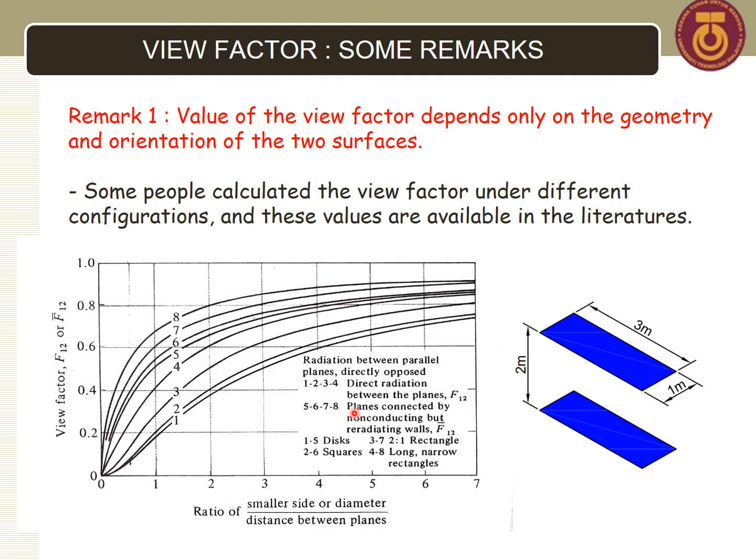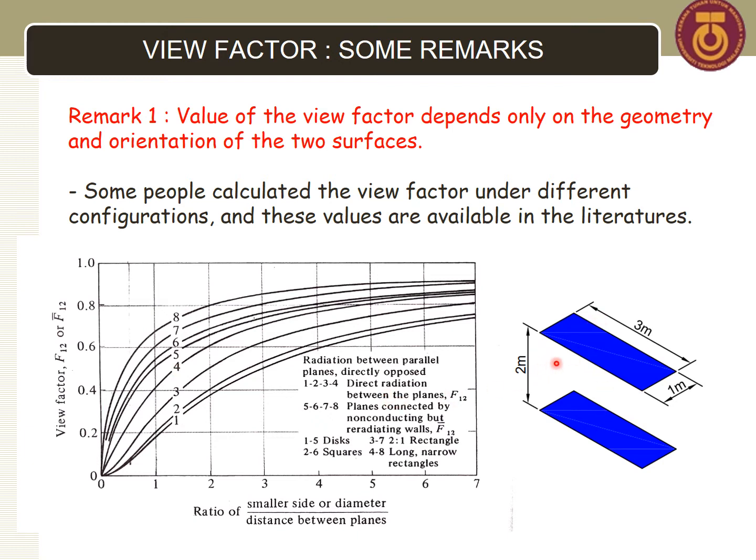But for curves 5 to 8, the two planes are connected by non-conducting but re-radiating walls. So when you see the two planes, plane 1 and plane 2, if there is nothing between them, you can refer to any one of curves 1 to 4, depending on their geometry.